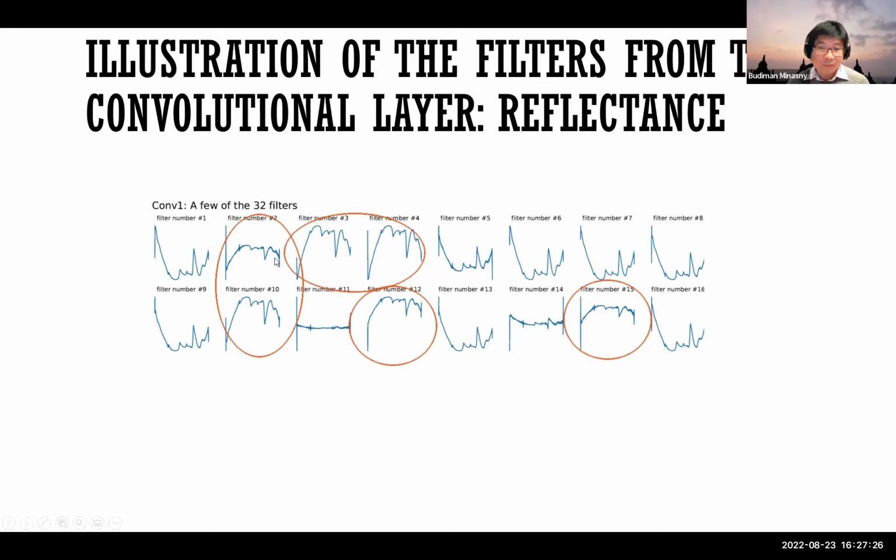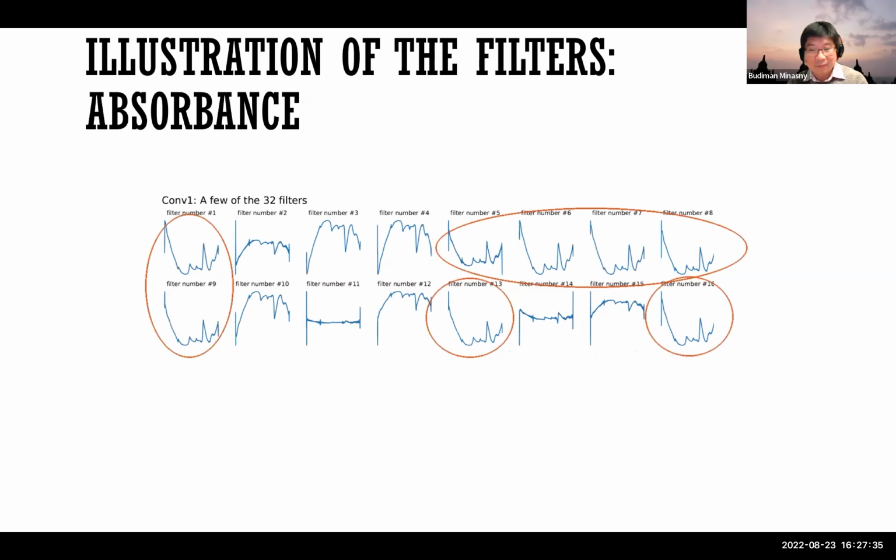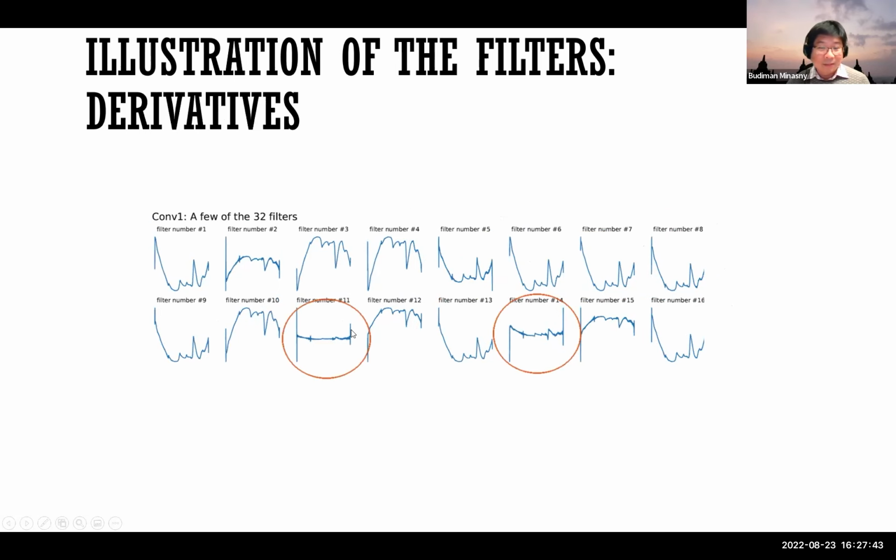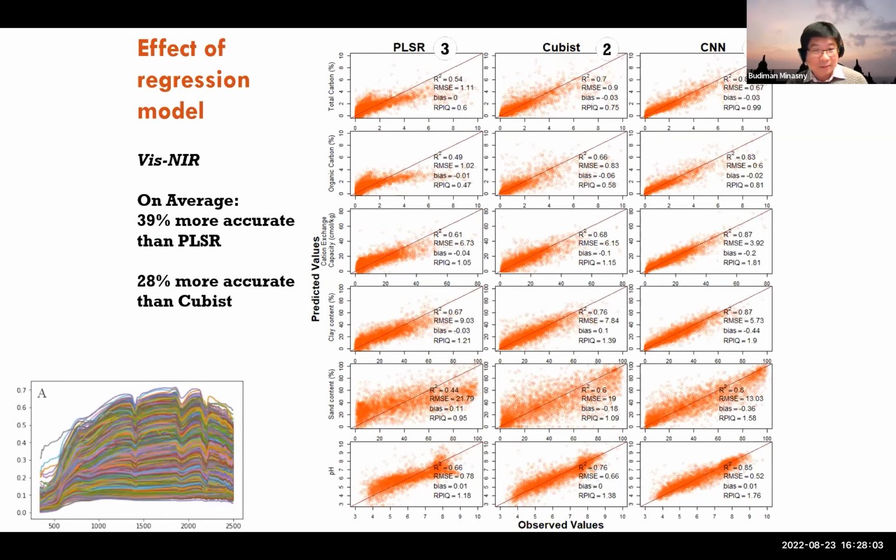For example, some filters convert reflectance into absorbance, and some filters convert the spectra into derivatives, right? Which ones are more efficient or what's being used, we don't know. But this is what the convolutional step in the CNN does: it does the pre-treatment that we did previously.